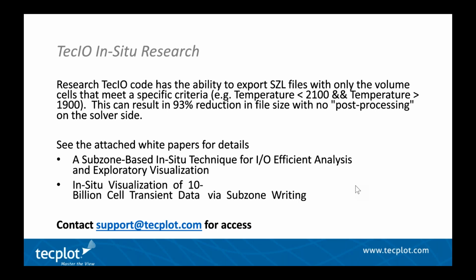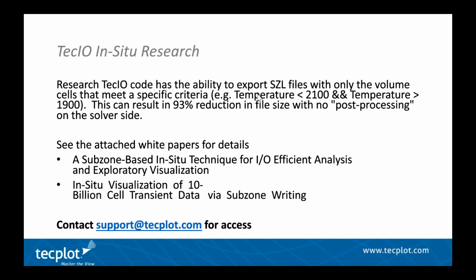This is a little bit more on the in-transit side, where the research code that we've done will allow you to make an additional TecIO function call that allows you to specify a range of values for a variable. Say, for instance, you're doing a combustion simulation and you only want to write out the points that represent your flame front, which are in the region of 2000 degrees.